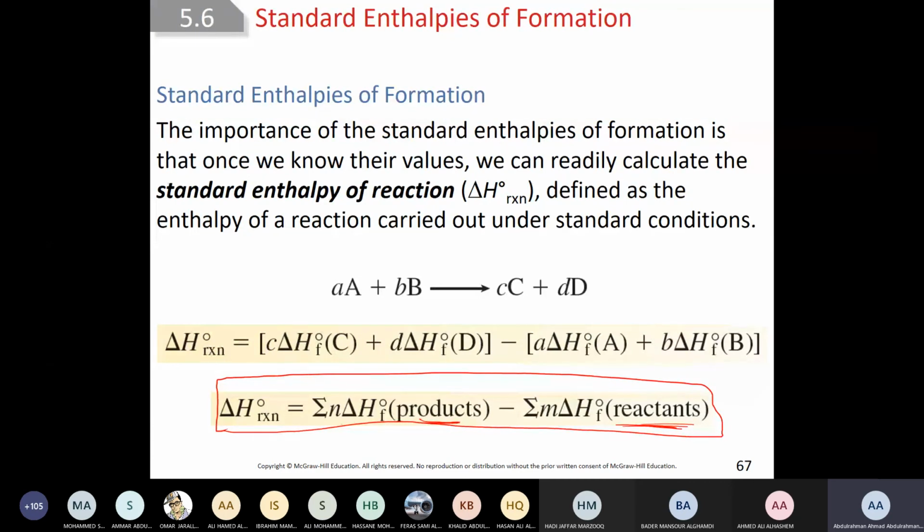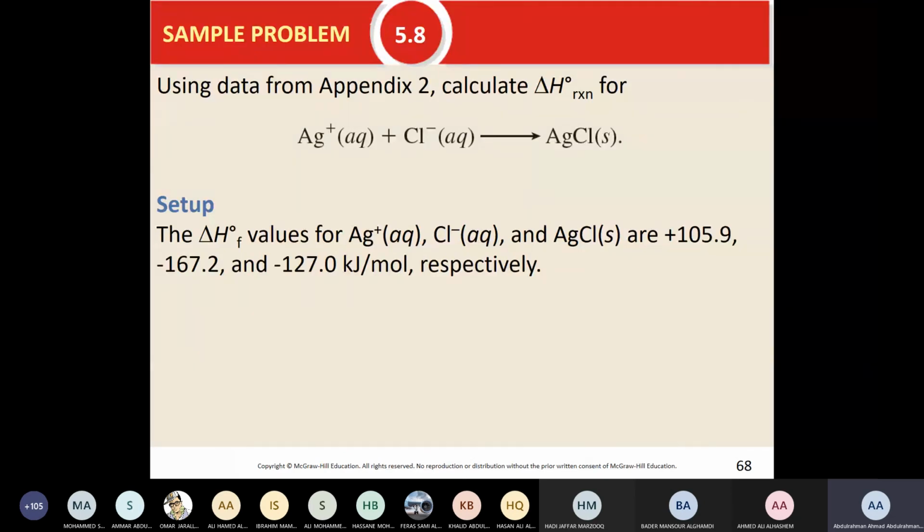If you have any reaction, the heat of the reaction is this summation. What's n here? It's the mole number, the coefficient in the equation. n and m are the coefficients, and then these are the heats of formation of the products and reactants. Let's do a problem and then things will be clear.